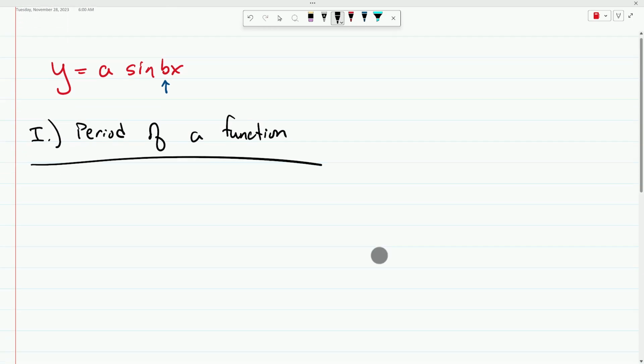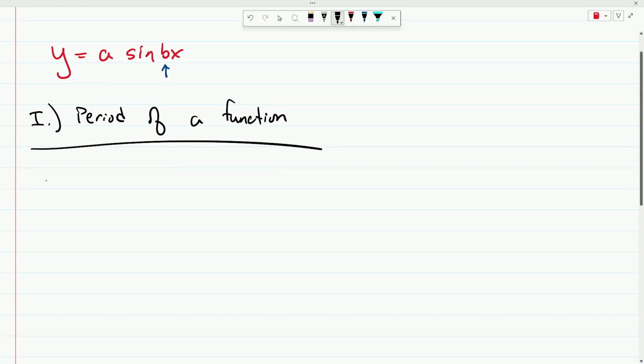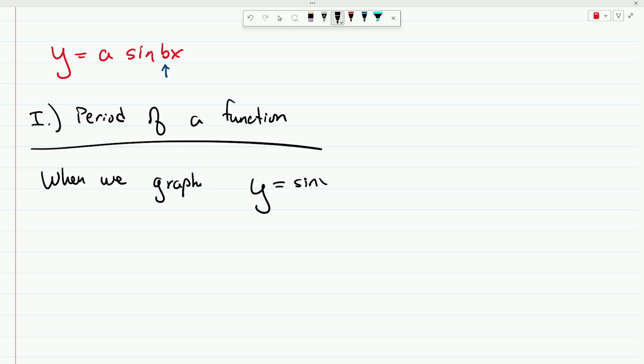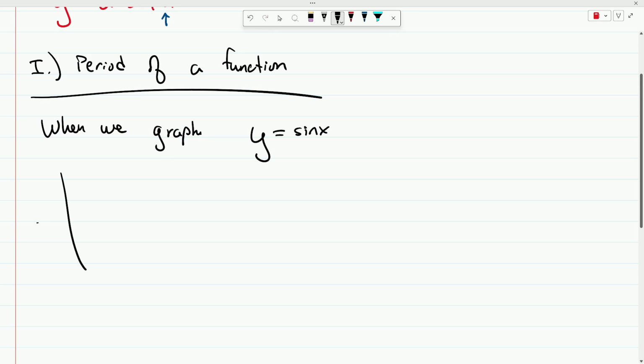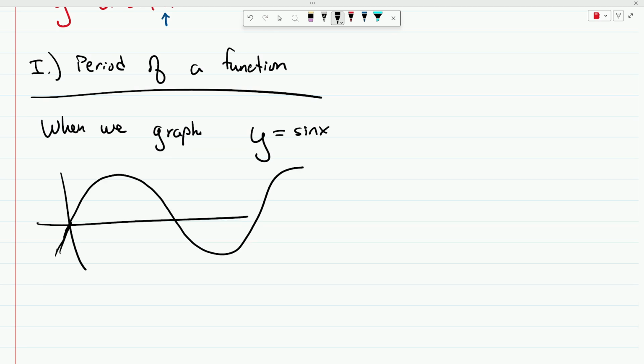All right? So whenever we graphed y equals sine x, we came up with a graph that looked like this, where it was a sinusoidal curve between -1 and +1.